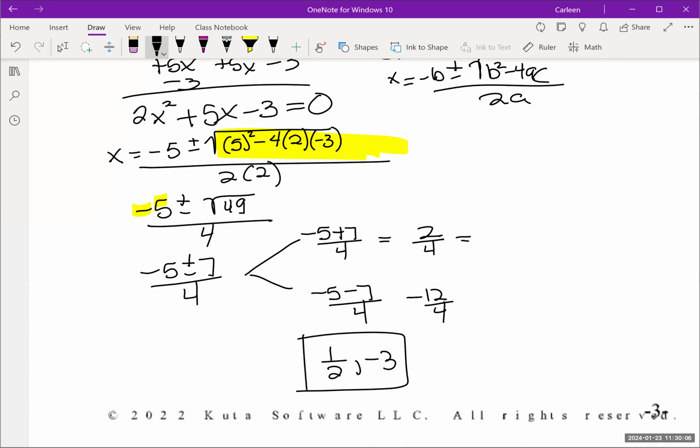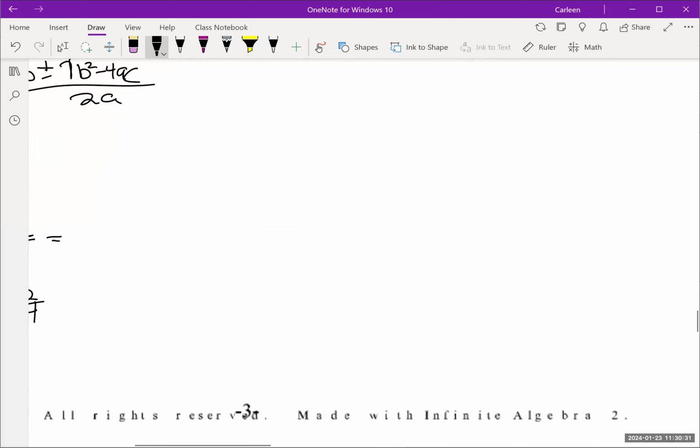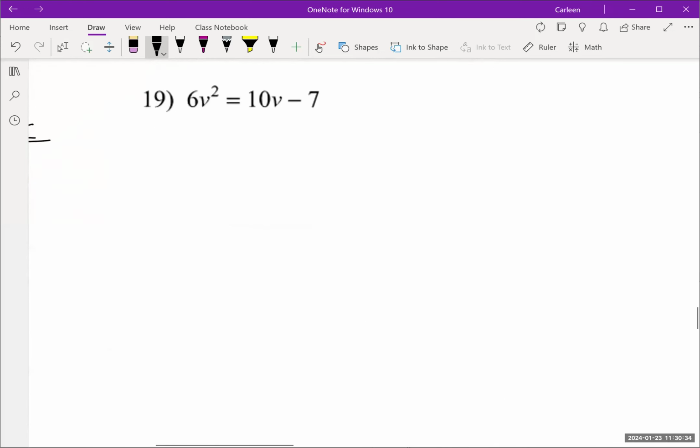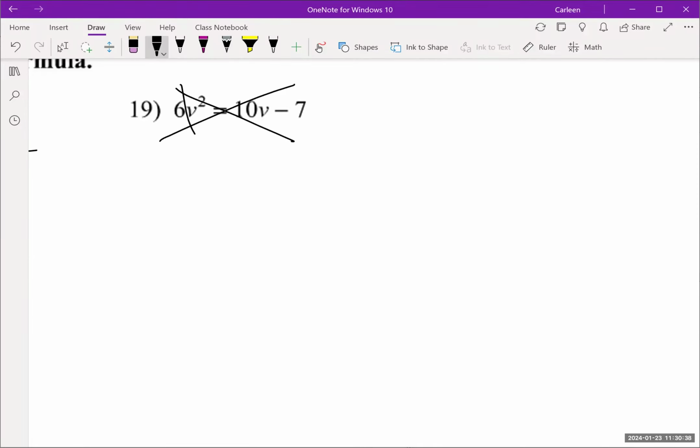Now, quadratic formula is another thing that with practice, you are not going to think it's bad. Okay, it looks horrible the first couple times you do it, especially if you get real numbers. 19, we're not going to do.